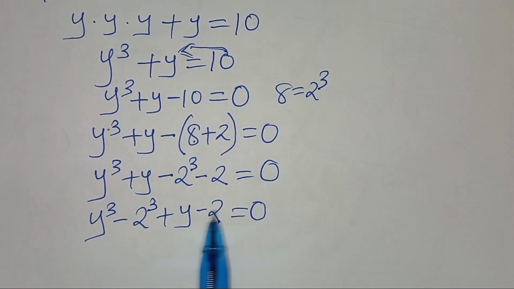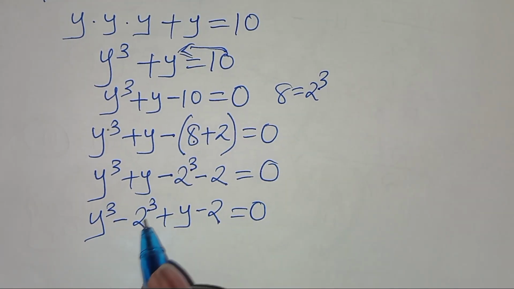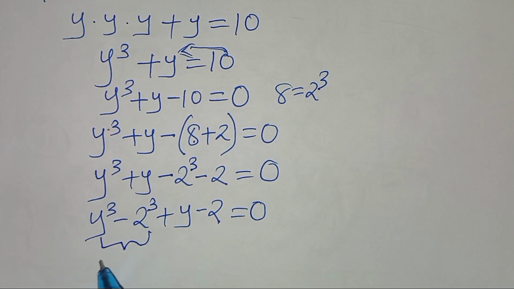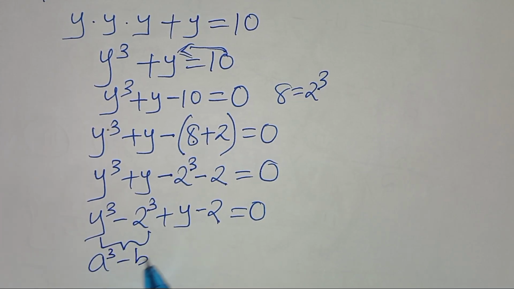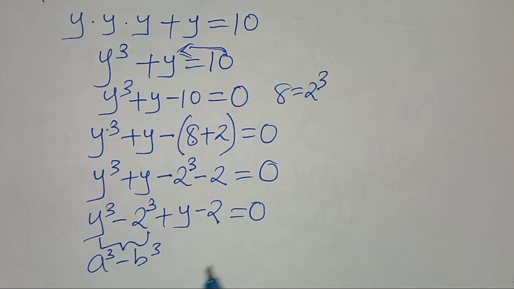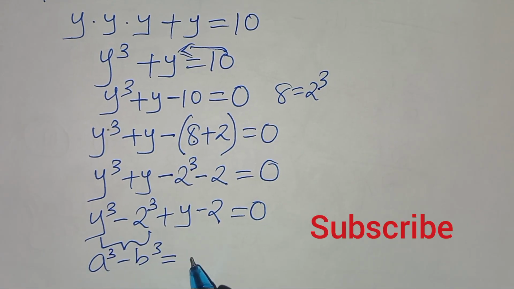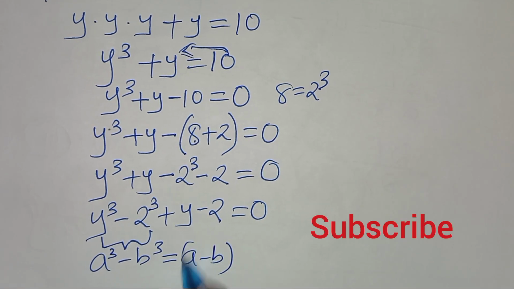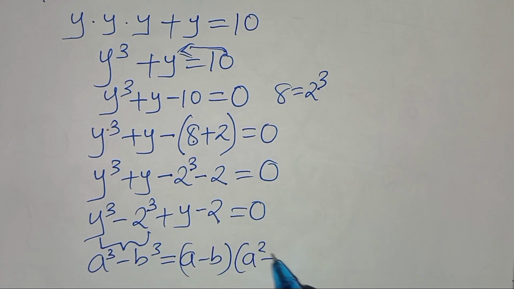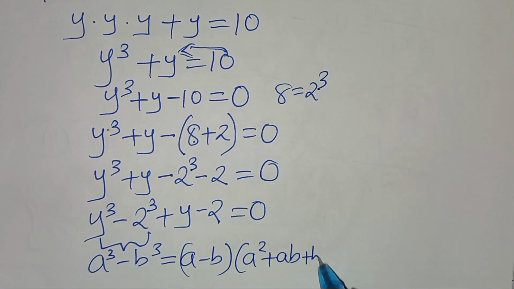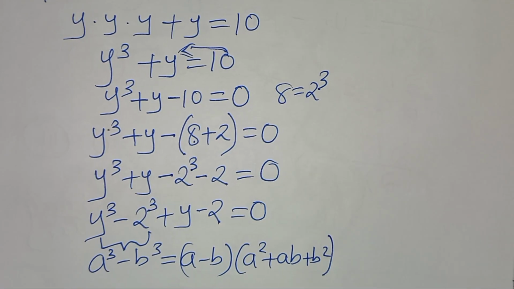Now, you find that y cubed minus 2 cubed is actually the difference of two cubes, expressed as a cubed minus b cubed. This is expressed as a minus b, times a squared plus ab plus b squared.